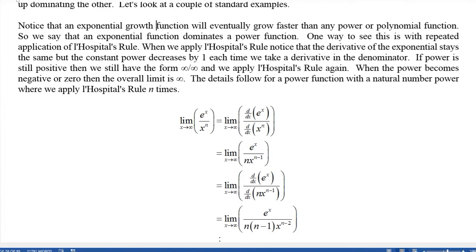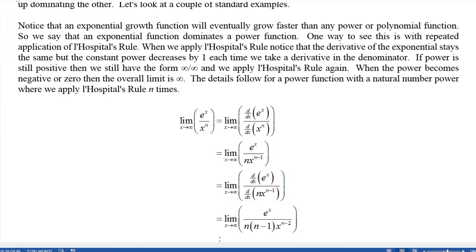But the polynomial function might be above the exponential for a while, but eventually the exponential function is going to be on top of the polynomial function, and as x goes to infinity, as you go way out to the right, it's going to leave the polynomial function down in the dust. And the way we can see this is by applying L'Hopital's rule. In fact, we may have to apply it several times.